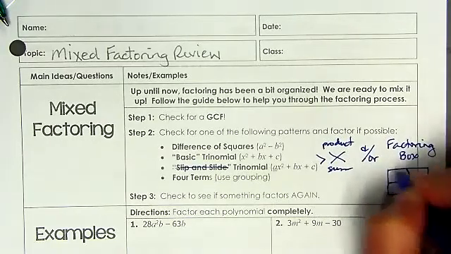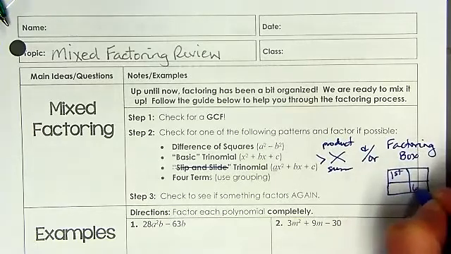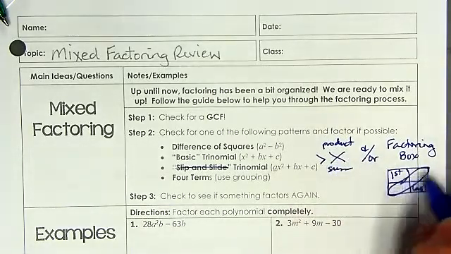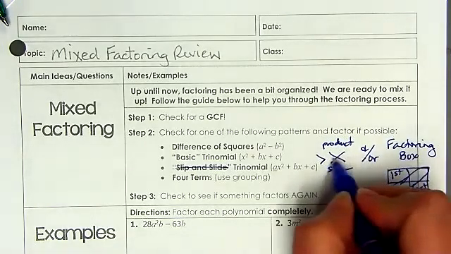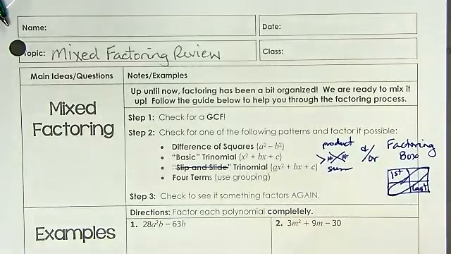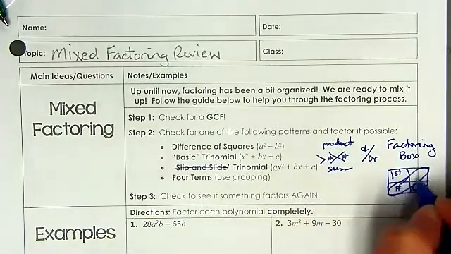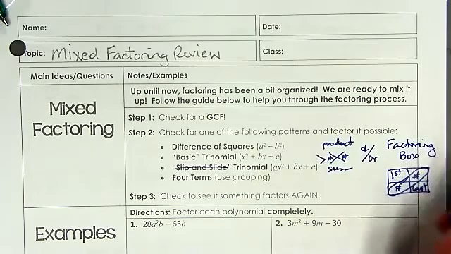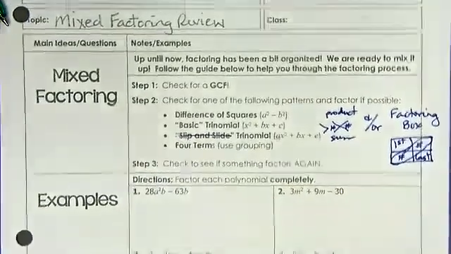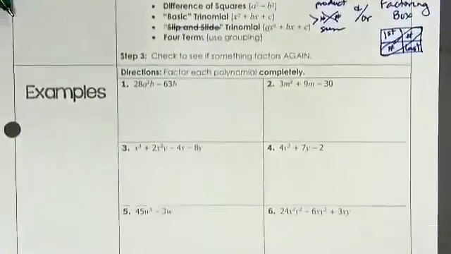It looks like this, and you have the first and the last, and then this is made up of the factors that are found, which are these two numbers here, with the variable. All right, so let's just work some examples. That's going to be the easiest way to go through this.